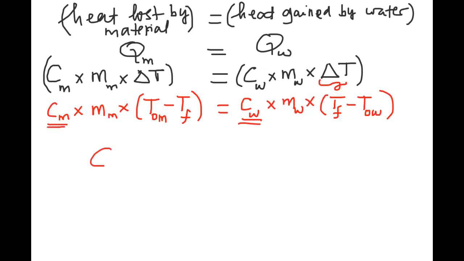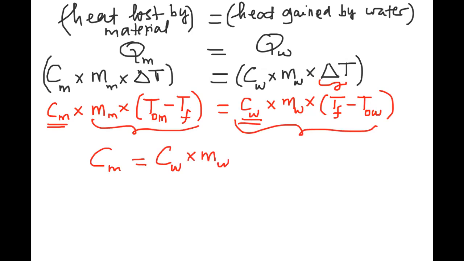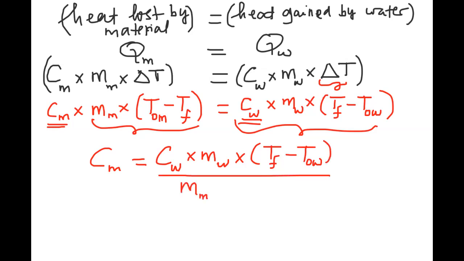Cm will be everything here divided by everything here: specific heat of water times mass of the water times the final equilibrium temperature minus the initial temperature of the water, which is about 24 degrees Celsius, divided by the mass of the material, could be a metal or a glass, times the change in temperature associated with the metal, which is the initial temperature of the metal before you mix it with the water, minus the final temperature of the mixture. That's the change in temperature associated with the metal.